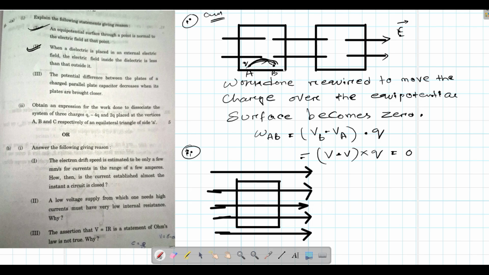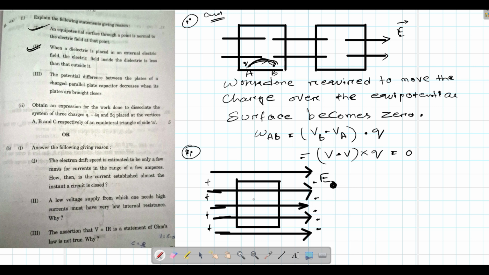So E0 is the external electric field. The dielectric is placed within it. This is positive. Electric fields are directed from positive to negative.